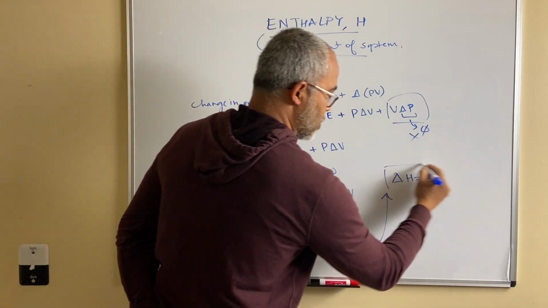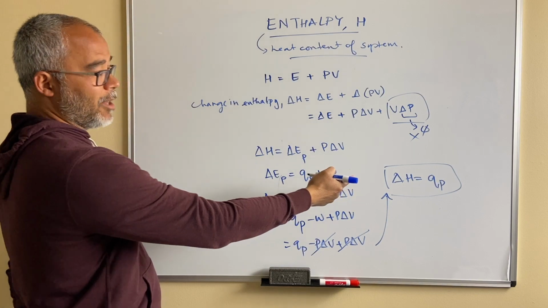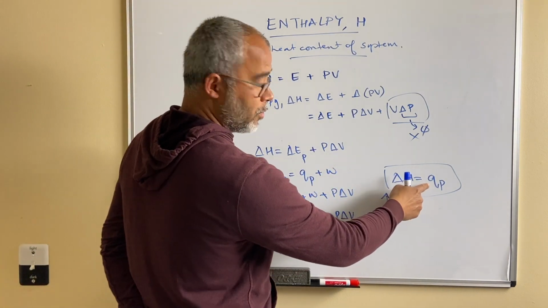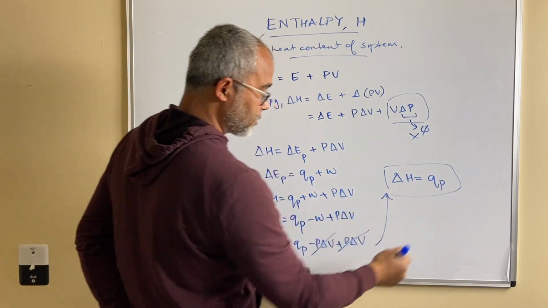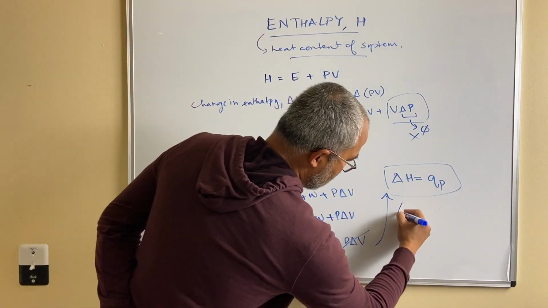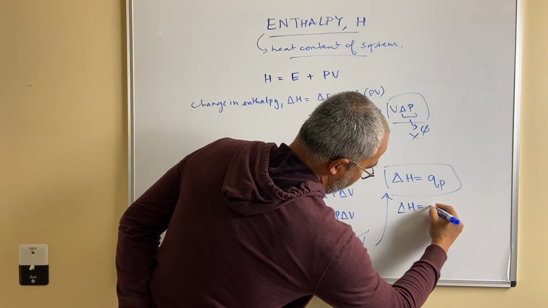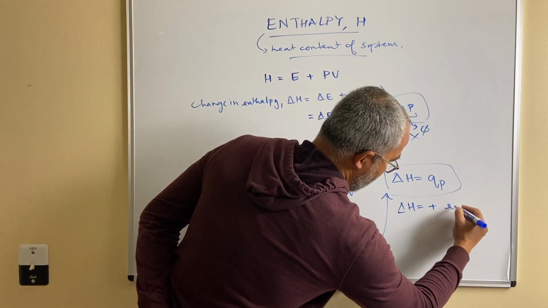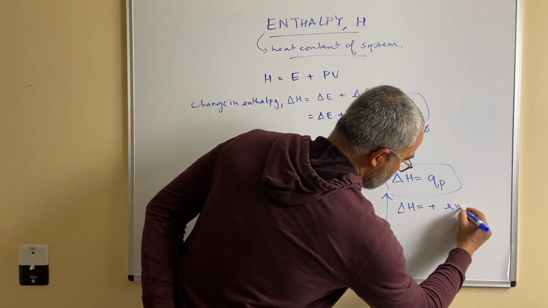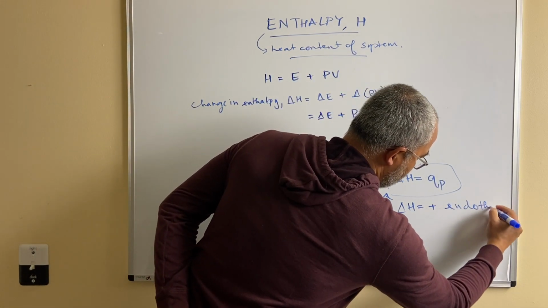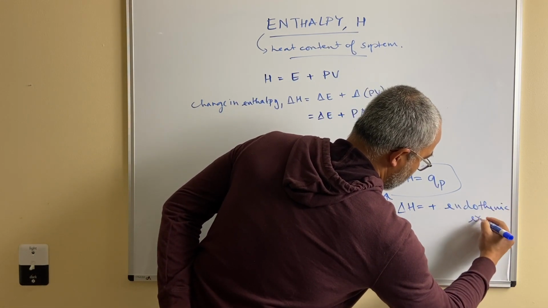And this is a definition for delta H. The change in enthalpy is equal to the heat exchanged by the system at constant pressure. If delta H is positive, we're looking at an endothermic reaction.